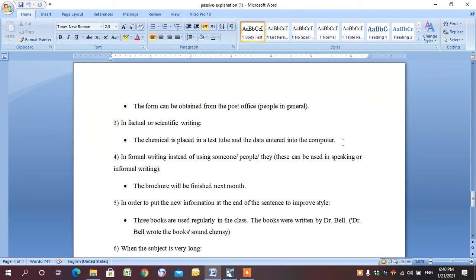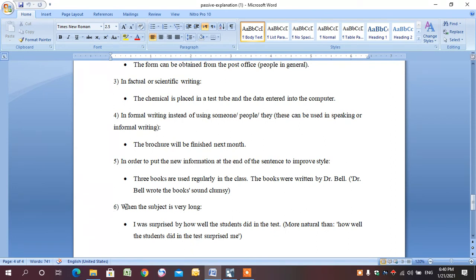So the most important thing is the action, but the agent, who did the action, is not important. Also, we do use the passive form in formal writing instead of using someone or people or they. This can be used in speaking or informal writing. So the brochure will be finished next month.